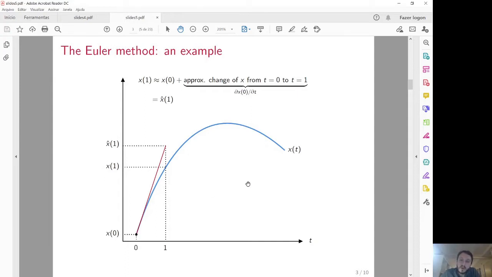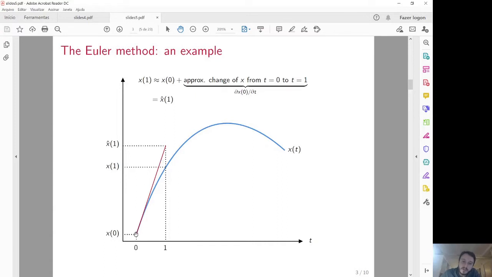And there's a graphic intuition for this method. Let's look at this point here. The derivative of x with respect to time at time 0 is the slope of the blue curve, right? So let's say that the slope is represented by what this red line here is describing.